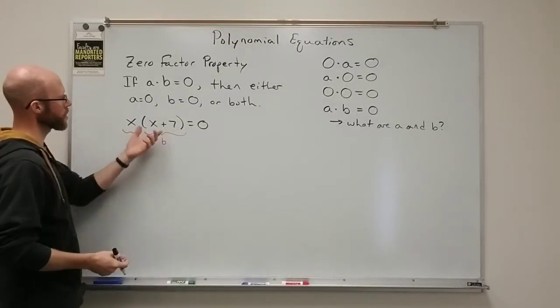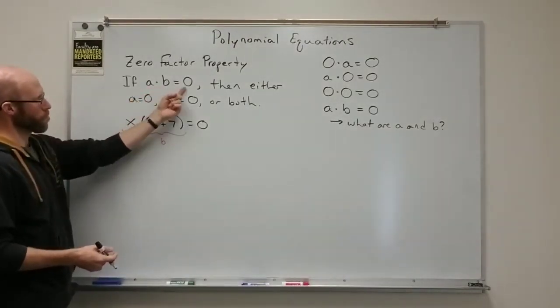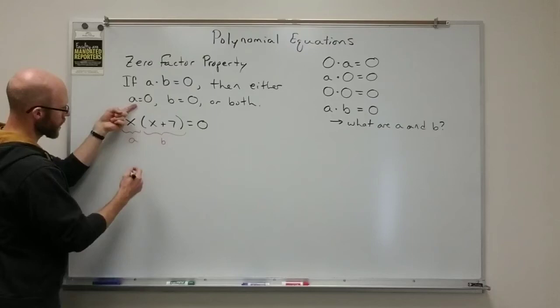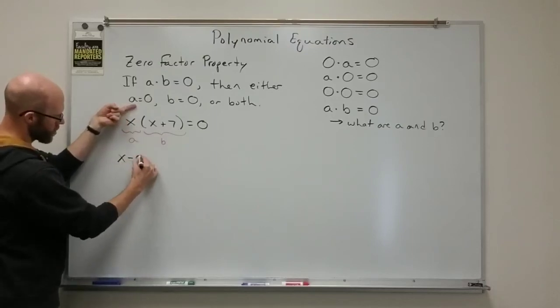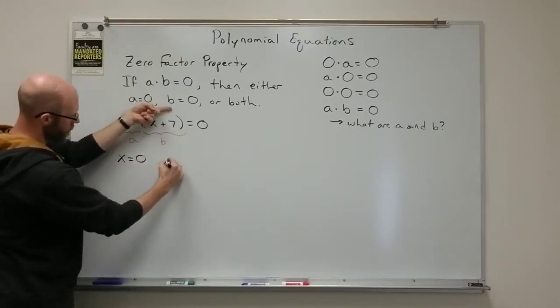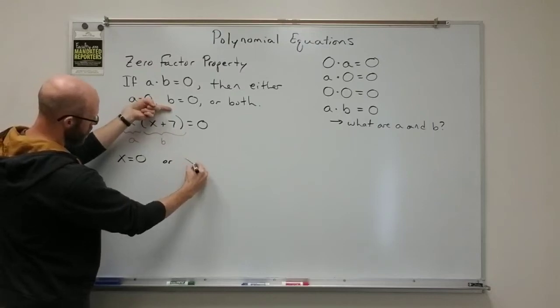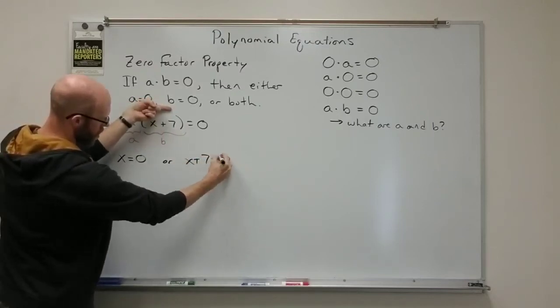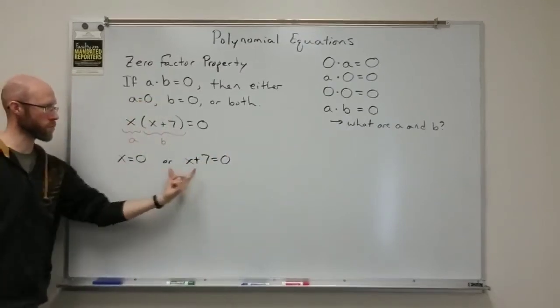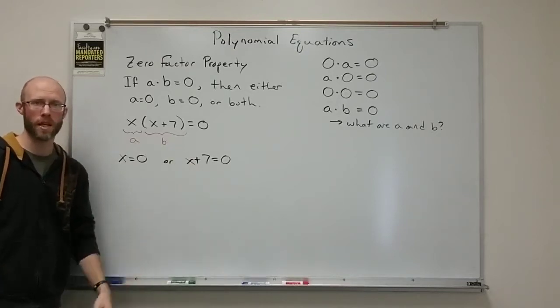So if we know that their product is 0, then we know that either the first one is 0 or the second one is 0. Must be the case.